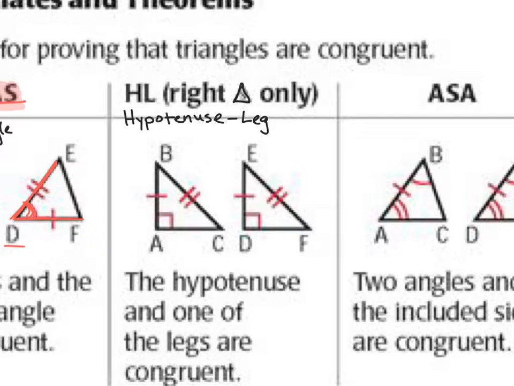So if I have a 90-degree angle, as we see here, all I need to know is if the hypotenuse is congruent on each, and if a leg is congruent on each. If I have that, then I can say they are congruent by hypotenuse, leg. So again, you're still looking for 3 pieces of information, but we're mostly concerned with the hypotenuse and the leg as long as we have those 90-degree angles.